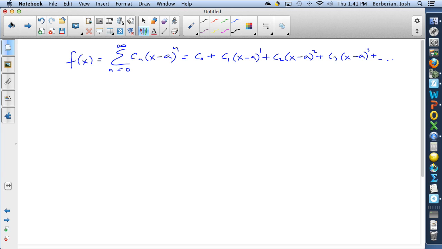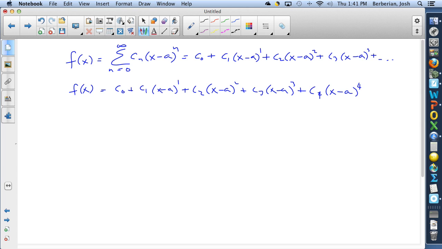Okay, so first things first. f of x is equal to this whole thing. I think I'll maybe stop at the 4th term, knowing that I can keep going on. Okay, I'm going to let x equal a. You don't have to write this down. You can if you want, but you really don't have to.